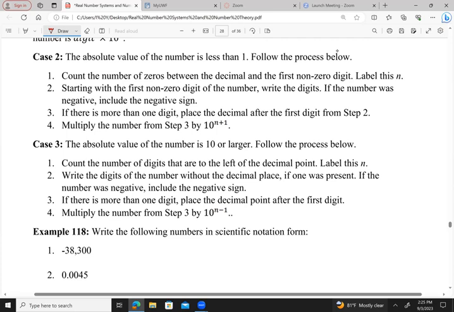Okay, now I have negative 38,300, absolute value of 38,300, which is greater than 10. So count the number of digits that are left of the decimal point. Well, the decimal point would be here. So that means that n equals 5.